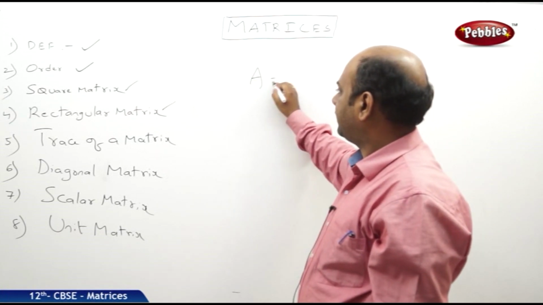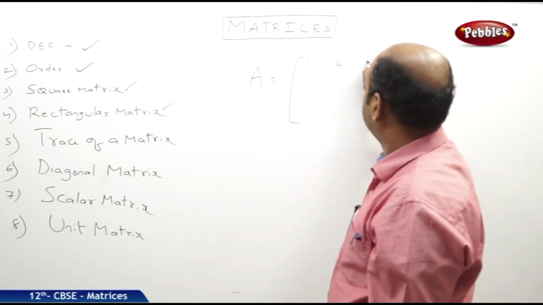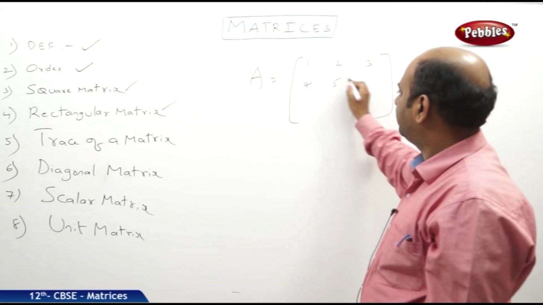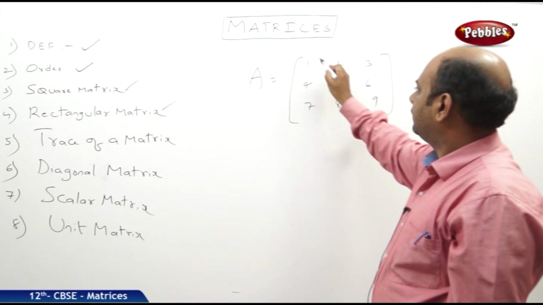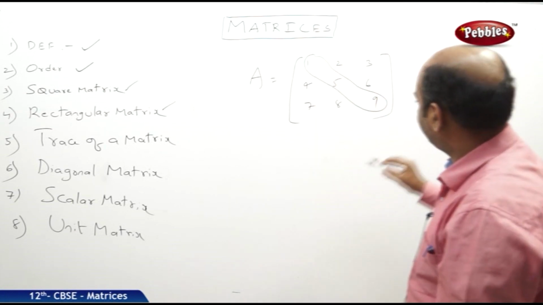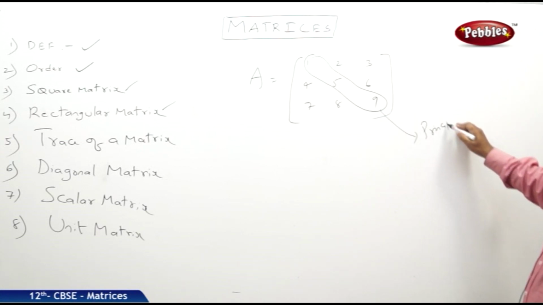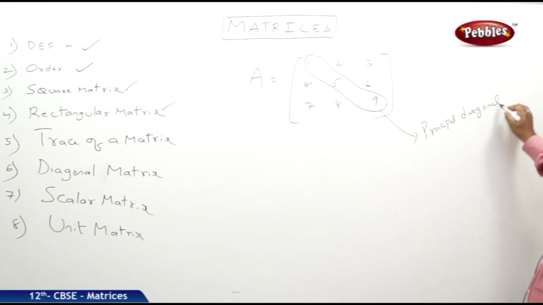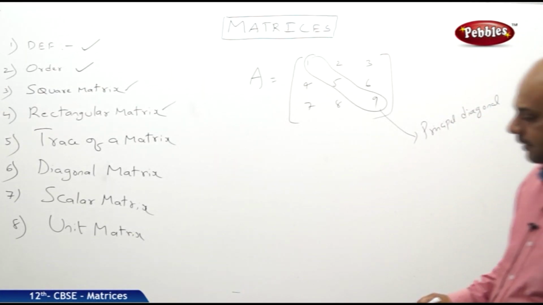I consider a matrix capital A whose elements are 1, 2, 3, 4, 5, 6, 7, 8, 9. I am considering only a square matrix. This particular loop we call the principal diagonal.